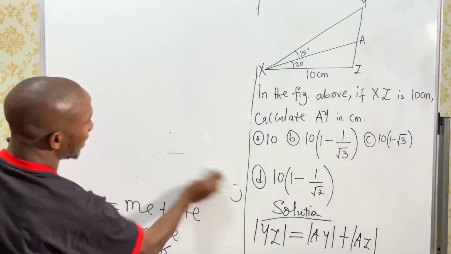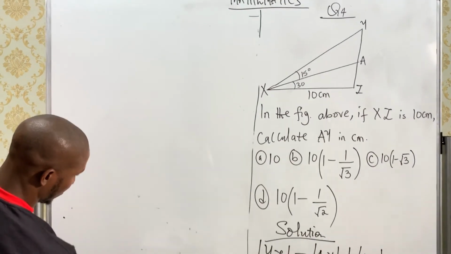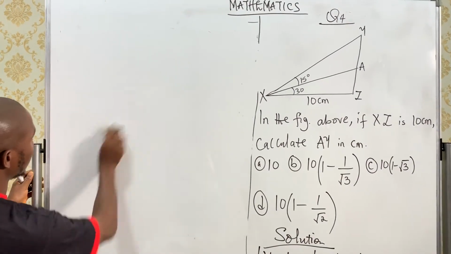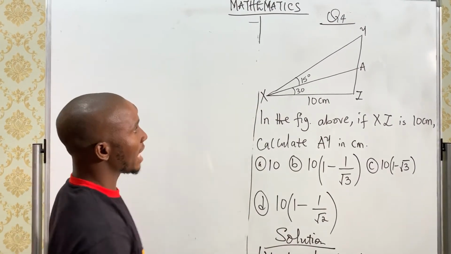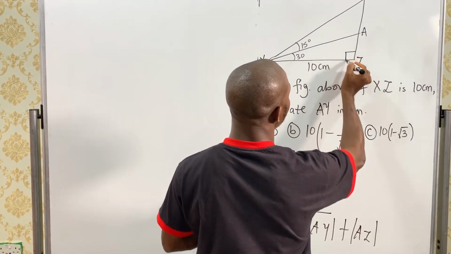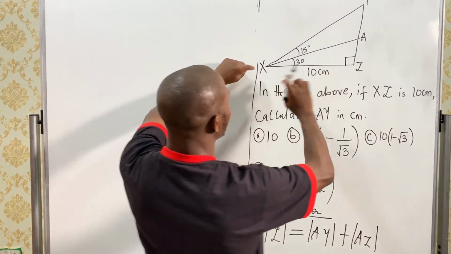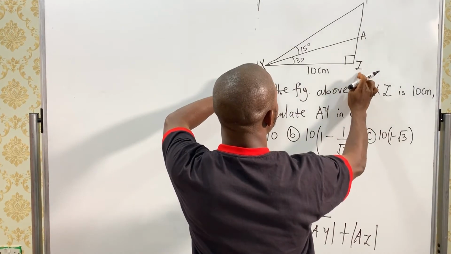So let's continue here. Now, if this is your right angle triangle, so we can consider triangle XAZ.